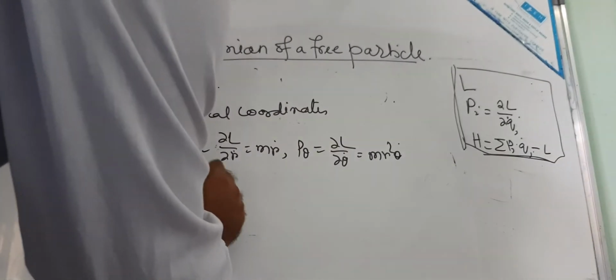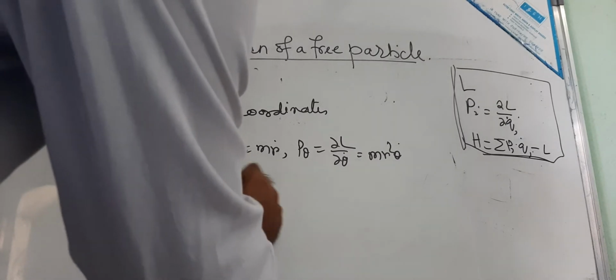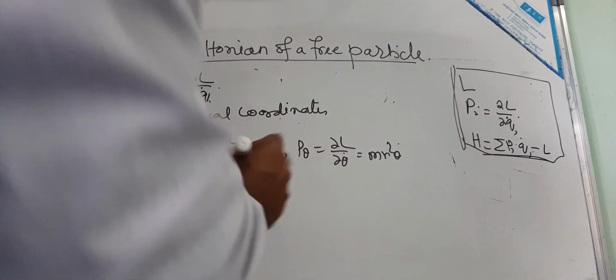Then P theta equals del L by del theta dot, which is m r square theta dot, and P phi equals del L by del phi dot, which is m r square sin square theta phi dot.